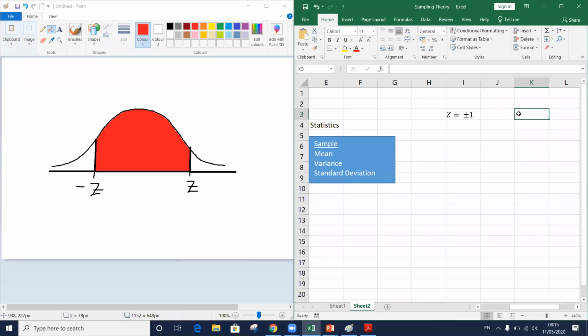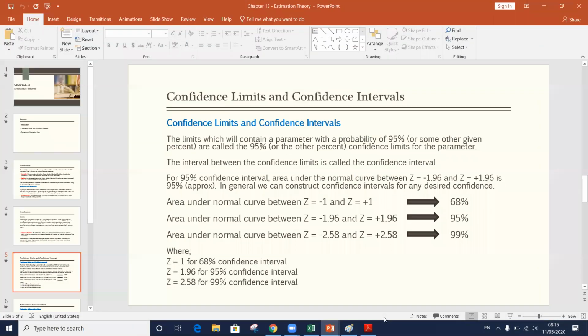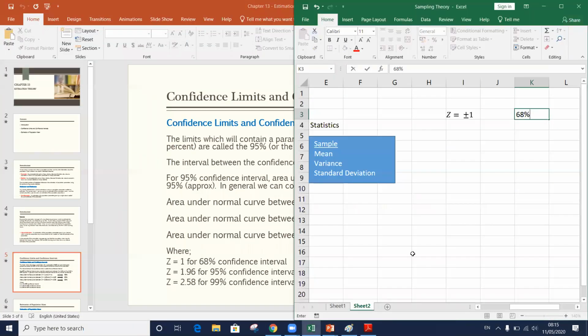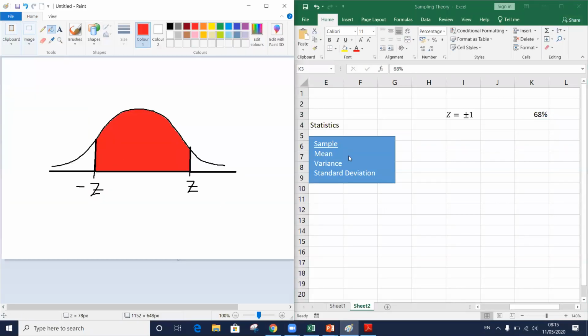You will notice the probability value will be 68%. We put minus 1 in place of minus z and plus 1 in place of plus z, and when we find the probability for this area, you will get 68%.